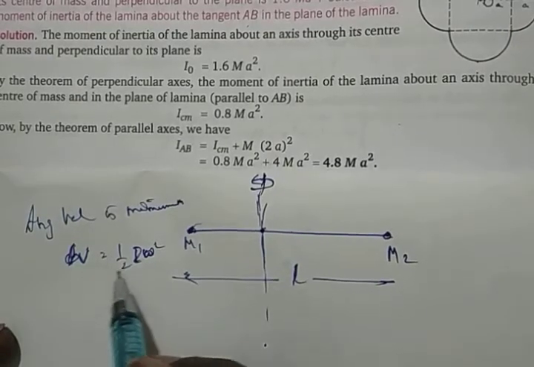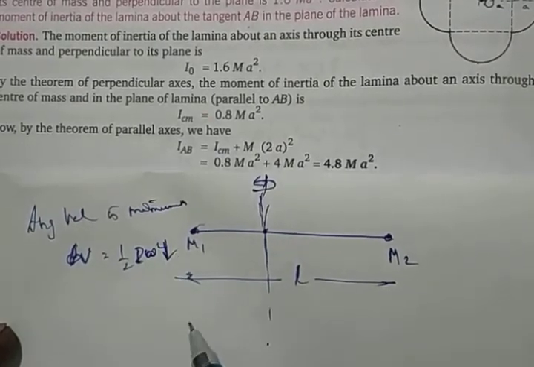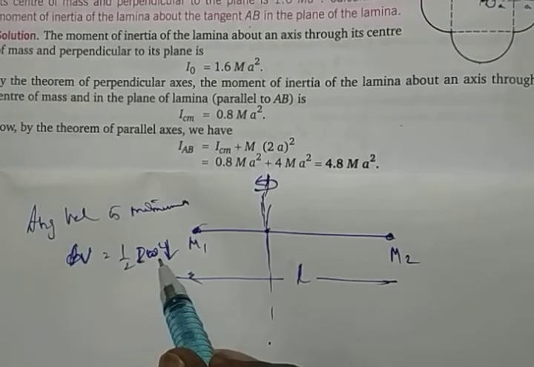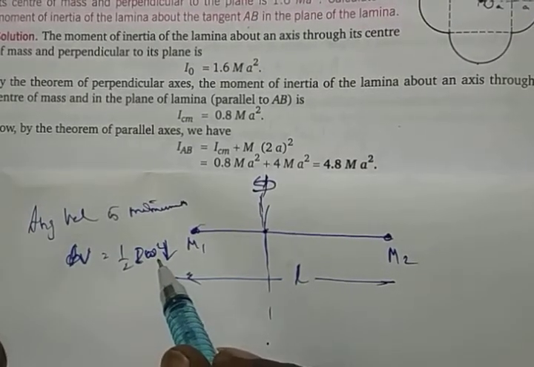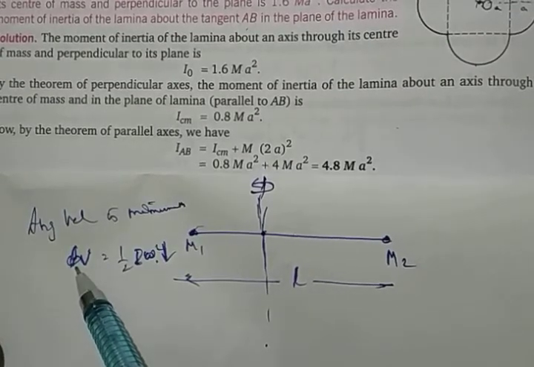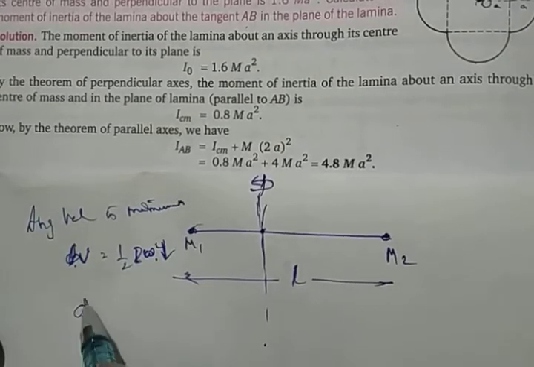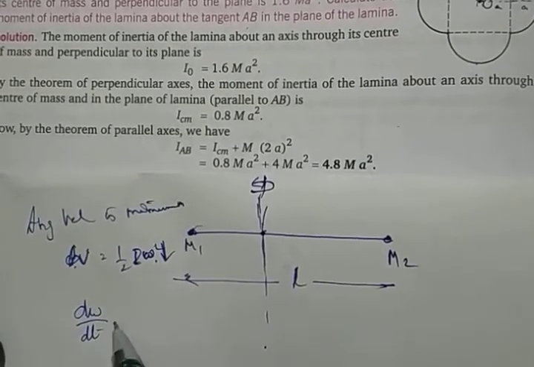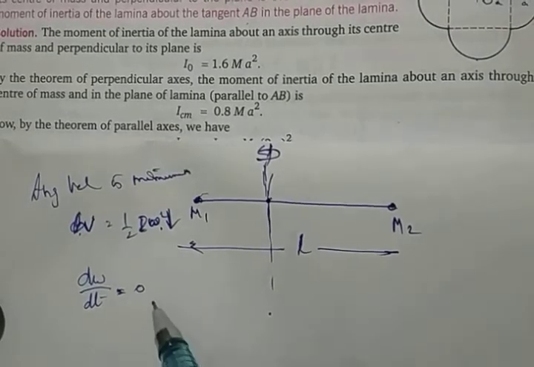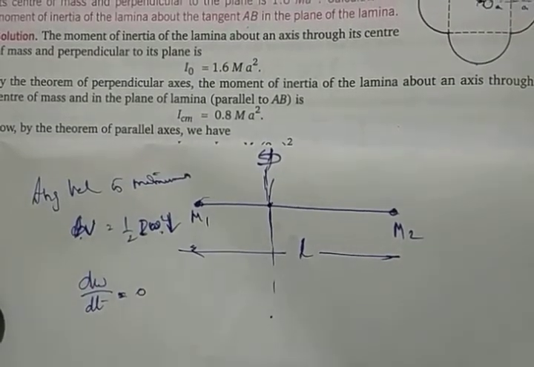Now, when the angular velocity is minimum, what should be the value of the rate of change of work done? dW by dt should be equal to 0, because the angular velocity is going to be minimum here.